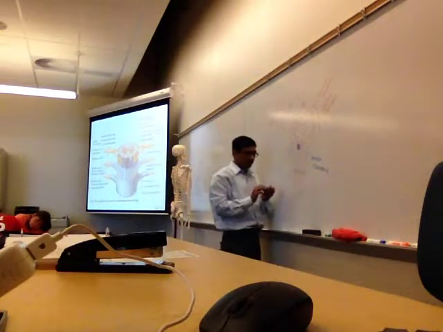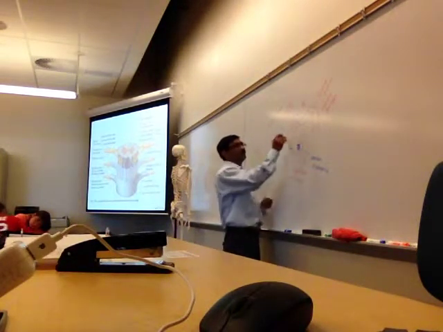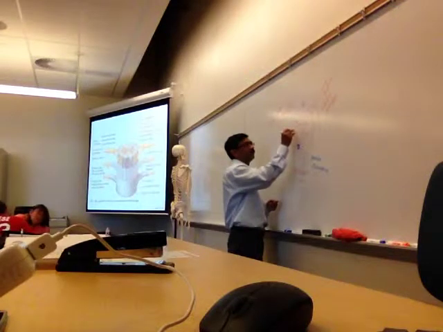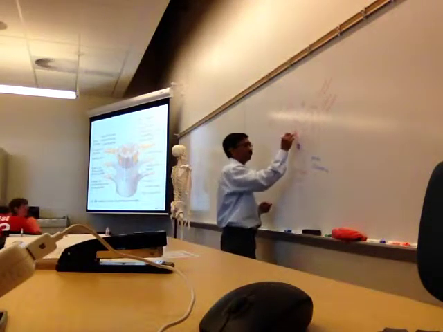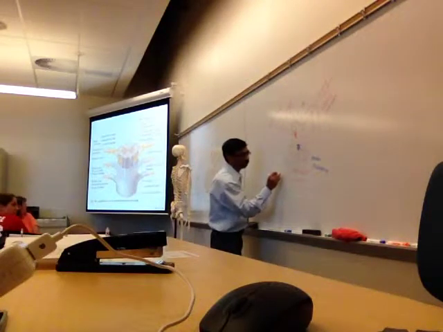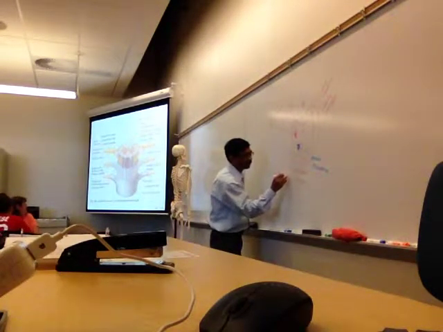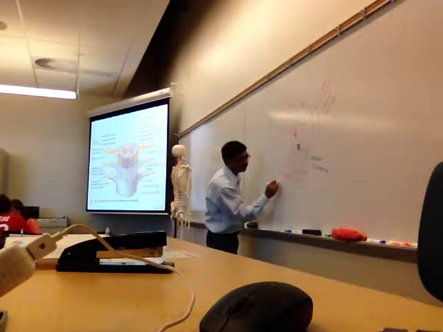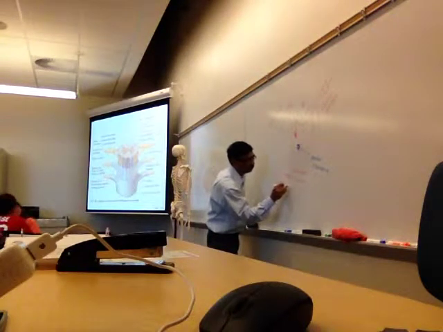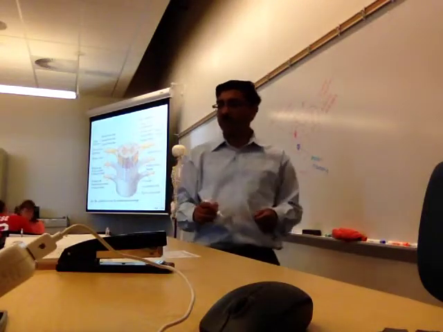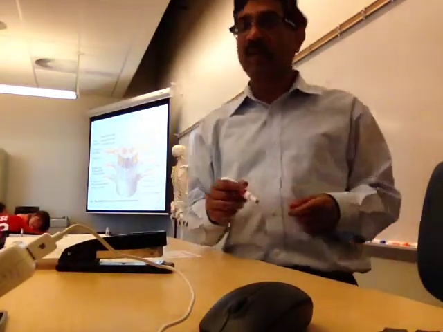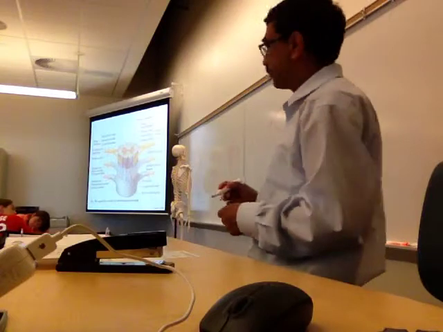In the lateral horn, these neurons are autonomic neurons. Okay? So in the lateral horn, the clustered neurons are autonomic neurons.